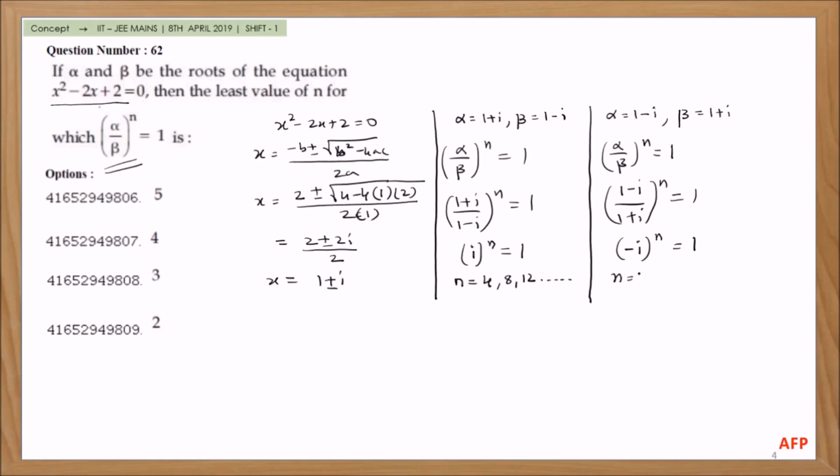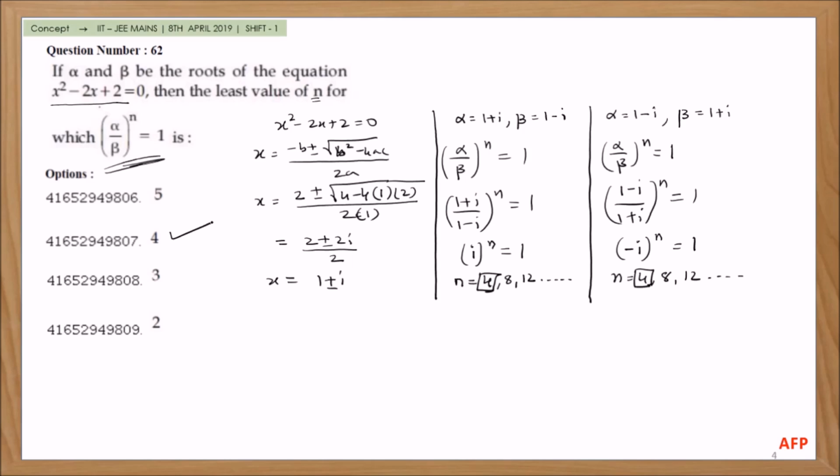Here also we get 4, 8, 12, and so on. What they have asked is the least value of n for which this equation is satisfied. The least value of n is 4, in both cases.